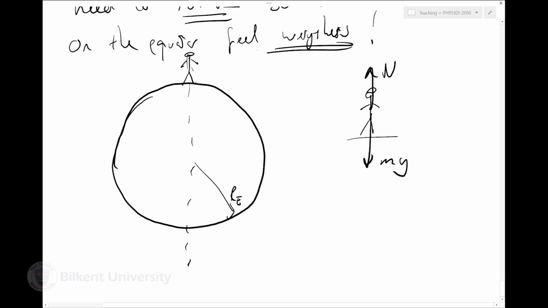Now let's assume that Earth is rotating with some angular frequency omega. So if I'm exactly on the equator, what is my acceleration?